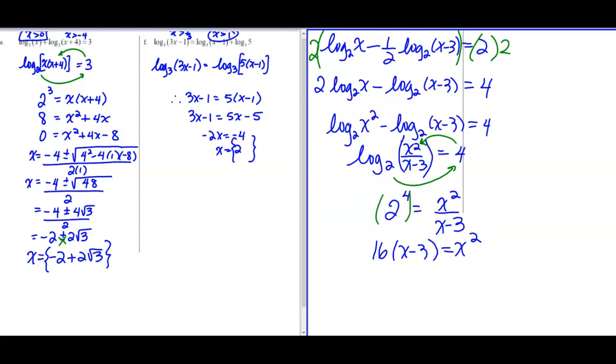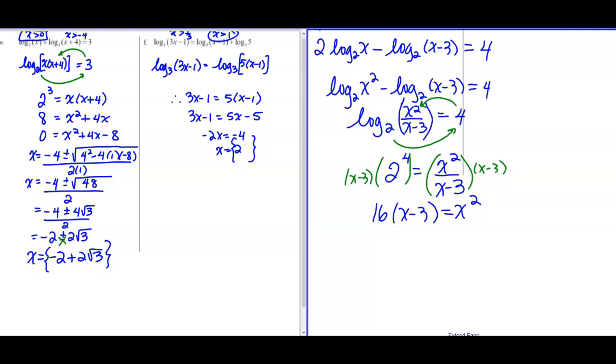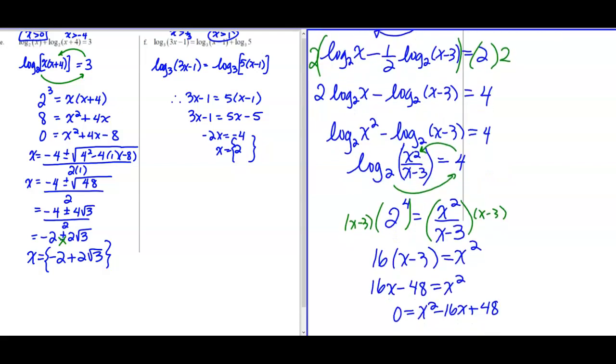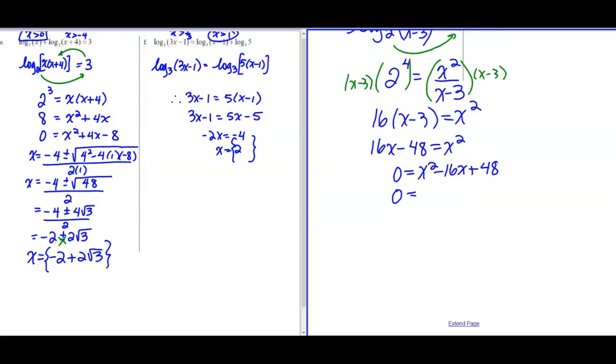Multiply both sides by x minus 3. And it's quadratic. So get everything on one side.